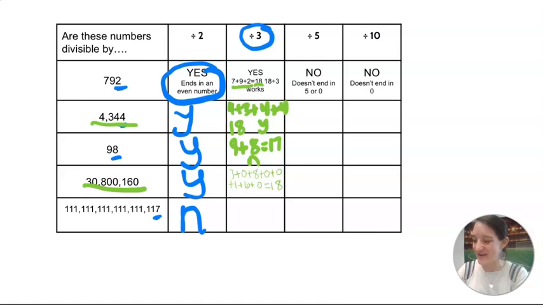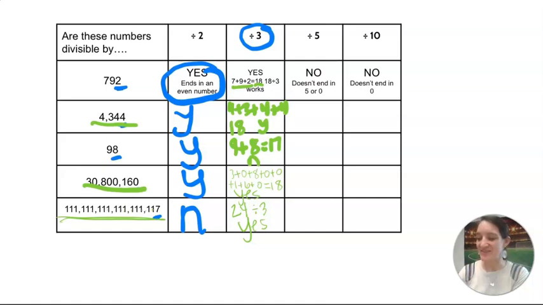So is that one divisible by 3? Yes, it's divisible by 3. Oh, we're going to add up all these numbers and we will see if this number is divisible by 3. 1, 2, 3, 4, 5, 6, 7, 8, 9, 10, 11, 12, 13, 14, 15, 16, 17. 17 plus 7, 18, 19, 20, 21, 22, 23, 24. 24. Is 24 divisible by 3? Yes, it is.